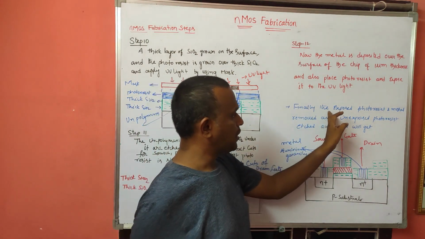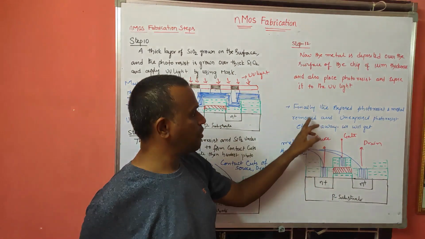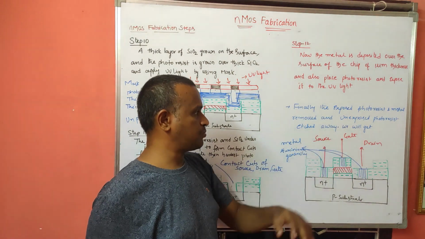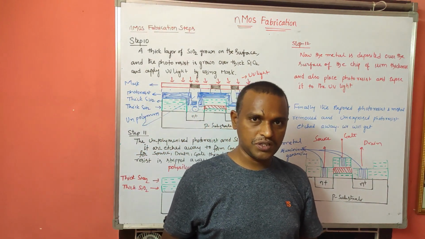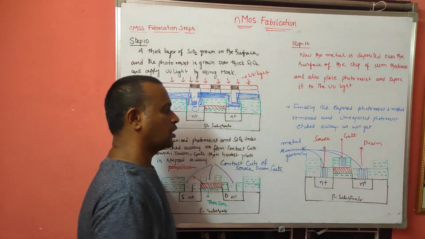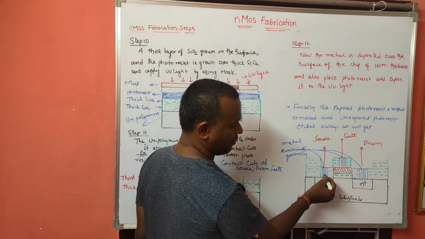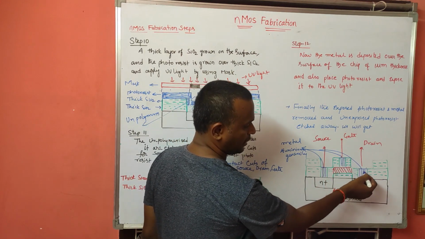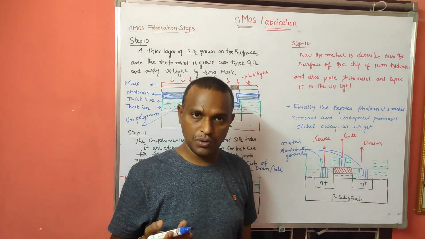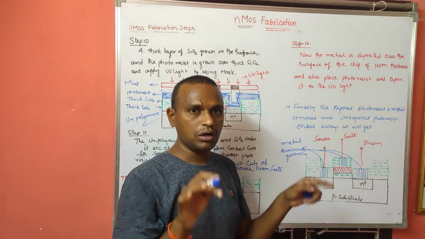So finally the exposed photoresist and metal are removed, and at the same time the unexposed photoresist is etched away, so you will get the structure of our nMOS transistor in the fabrication. You can observe here, this is the metal and this is the metal contact and this is the metal contact.